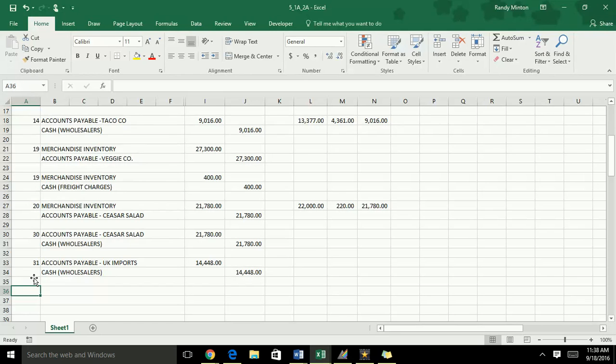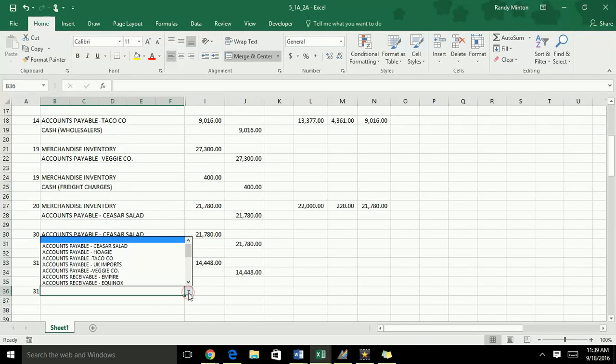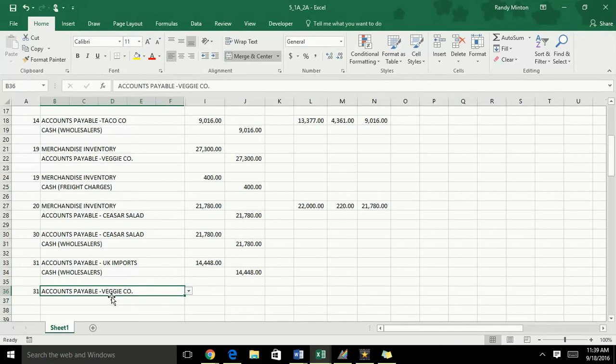Okay, on the 31st we paid Veggie Company for the invoice of October the 19th. And that one I didn't have in here, but we'll just do it very quickly. And what are we paying? Well, we're paying the accounts payable from Veggie. So here's accounts payable, Veggie Company. And notice that, by the way, on all of these accounts payable, there's now not just accounts payable, but it also indicates to you a name. And you would have that through your subsidiary ledgers because you need to know who it is that you owe money to.